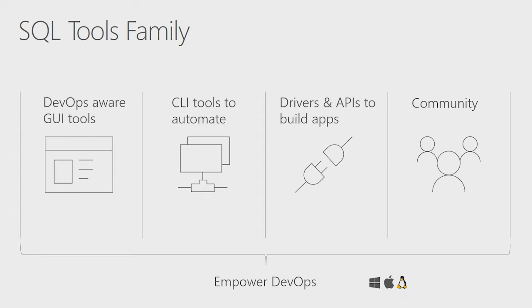When we talk about the SQL tools family, it's not just about tools and services that Microsoft builds and releases. Embrace the open source community if it is suitable for your needs, such as tSQLt and Slacker as database unit testing frameworks, which is great. Altogether, lower the barrier and empower your DevOps practice.